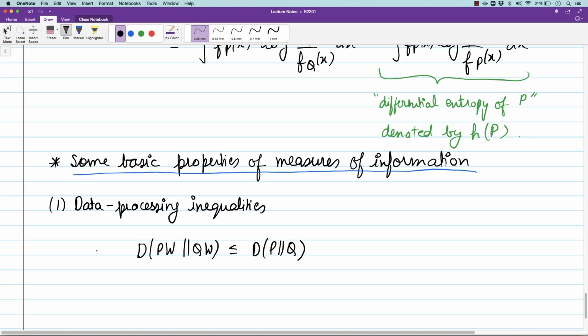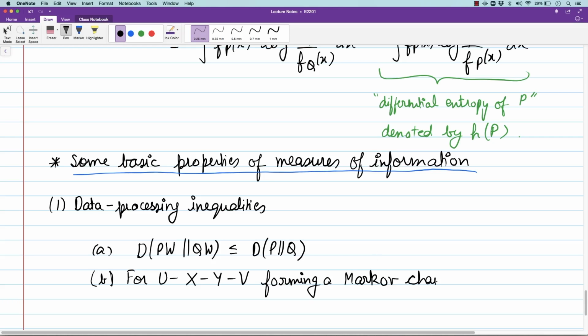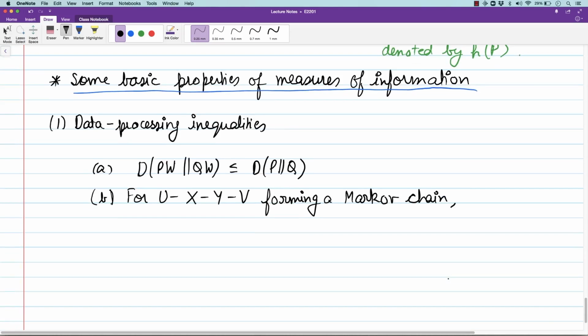Similarly, if you have a Markov chain U, X, Y, V forming a Markov chain, we have that the mutual information between U and V is bounded above by the mutual information between X and Y. Okay, the further away guys are smaller than closer guys.